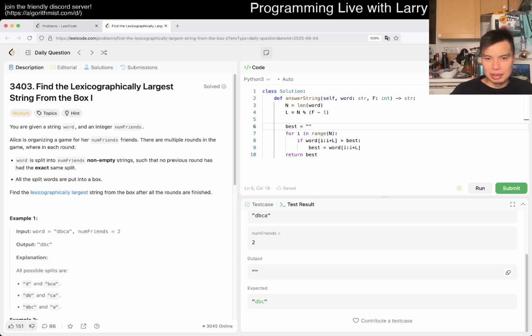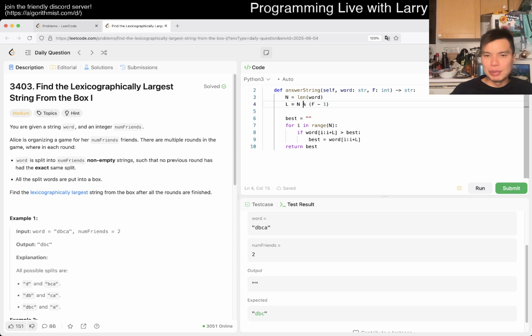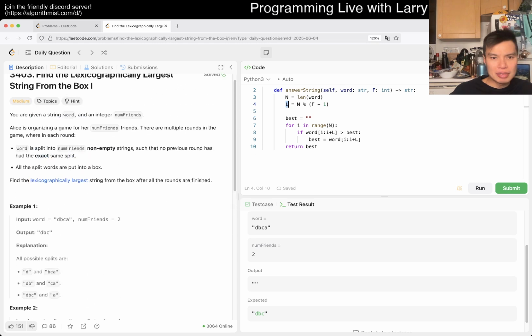Oh, why is this? And the two friends, so you remove one character. That means the length is going to be 0. Did I do this well? Wait. Maybe I misunderstood this. Okay, so you remove... I see.